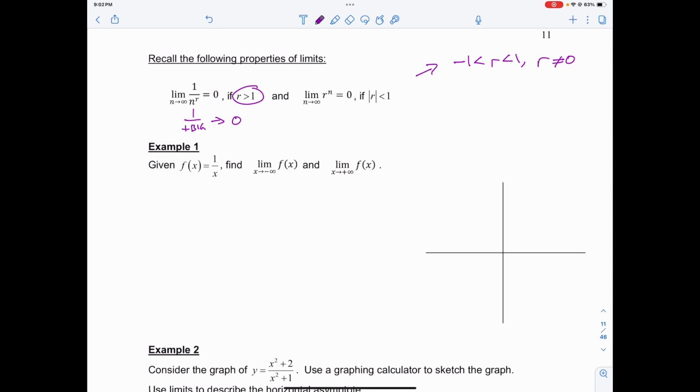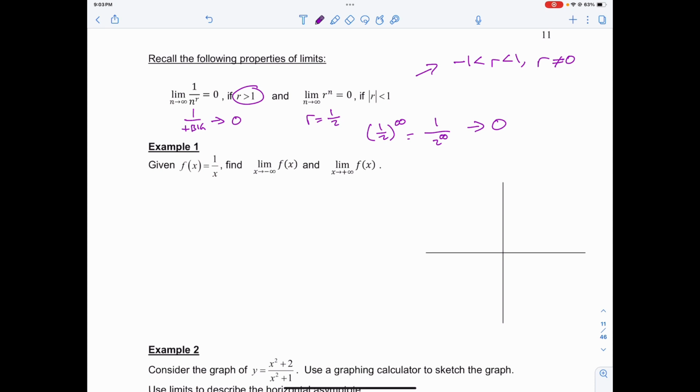So if I had something like r is equal to 1 over 2, for an example, then in this case, it would be 1 over 2 to the power of infinity. Well, 1 to the power of infinity is just going to be 1. And I'm going to have 2 to the power of infinity, which is going to be an ever-increasing denominator again, like our last example, and that's going to get closer and closer to 0.